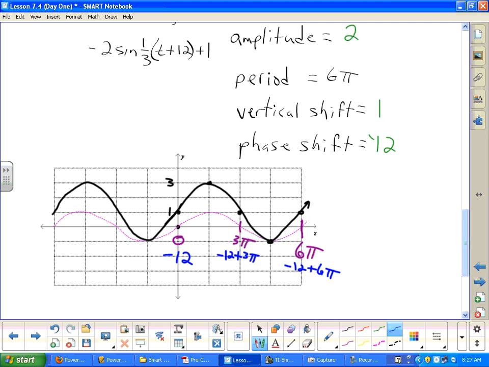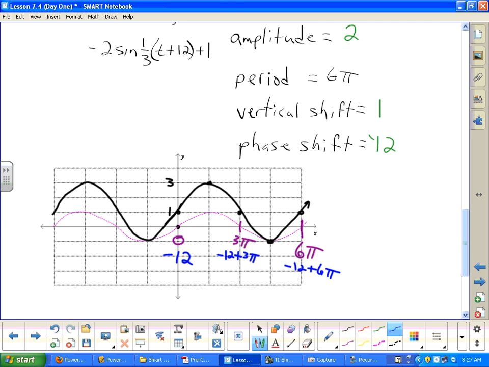I mean, you should kind of have an idea in your head, right? Pi is 3.14, so 3 pi would be about 9.5. Correct? So this isn't quite to 0 at this spot here, is it? What's 6 pi? It's almost 19.